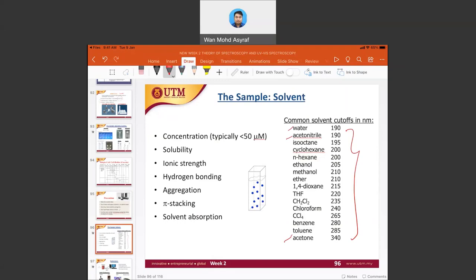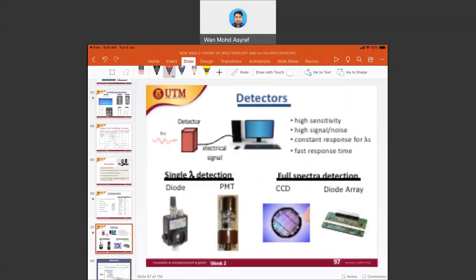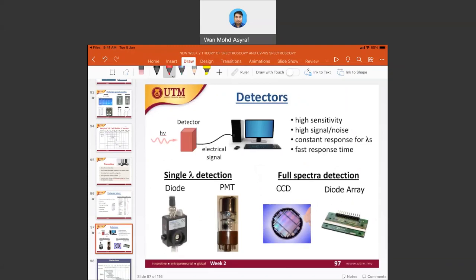Lastly, we are going to look at the detectors. The detectors must have a high sensitivity, a high signal to noise ratio, a constant response for the wavelengths, and a fast response time.